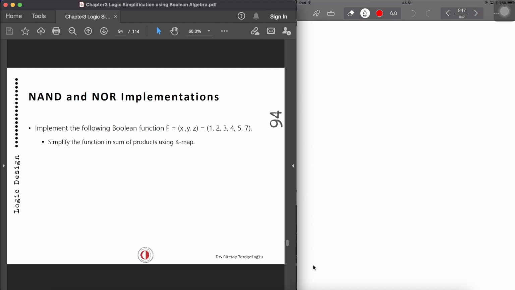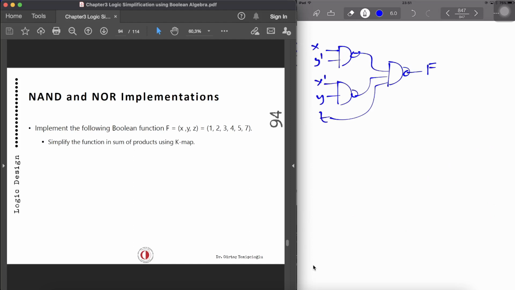And we can also do the same implementation using all NANDs and inverts. They're all NANDs actually. And this is going to be X, Y prime, X prime, Y, and Z. Now, X, Y prime, X prime, Y, and Z over here.